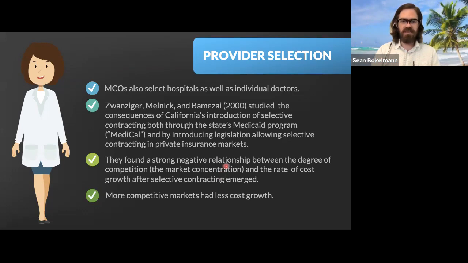So when there's a lot of competition, the increase in costs is dampened. So more competitive markets have less growth in costs. So that's good, right? This implementation of selective contracting has helped control costs.